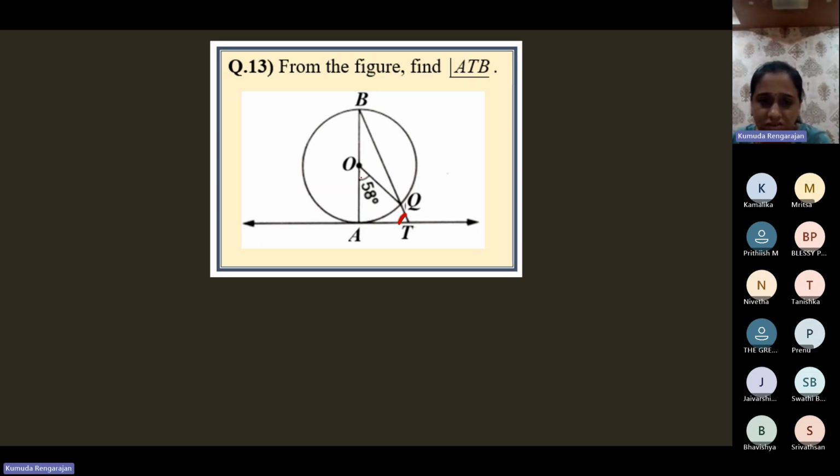Since this angle is given, which is at the center, children, name this angle.